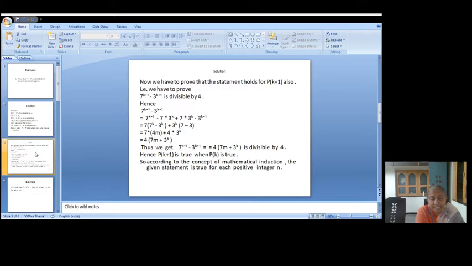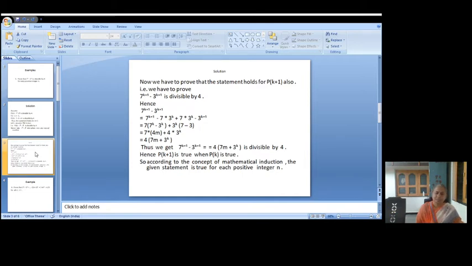Now therefore we get the term as 7 into 4m, because we have seen in the last step that 7 raised to k minus 3 raised to k is divisible by 4, and that's why we take 7 raised to k minus 3 raised to k as 4 times m, where m is any positive integer. And therefore we get here 7 into 4m plus, 7 minus 3 is 4, means plus 4 into 3 raised to k.